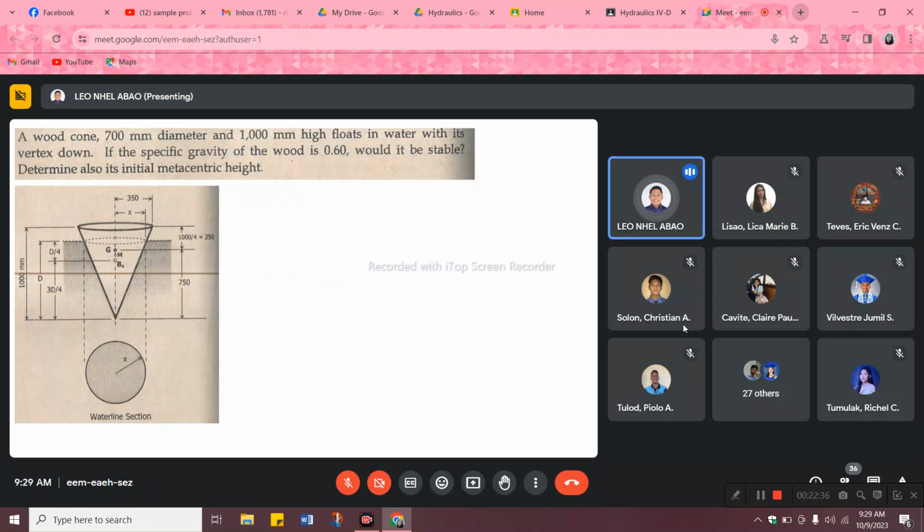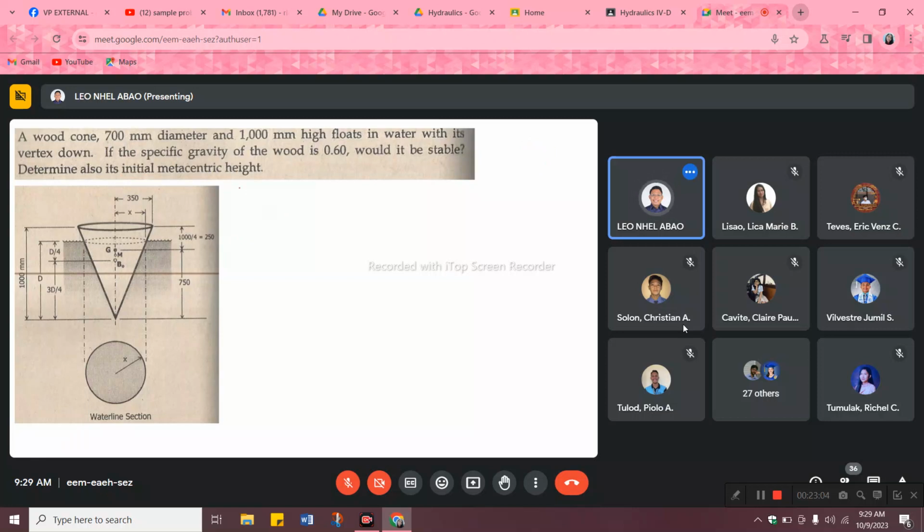If the specific gravity of the wood is 0.6, is it stable? And lastly, we are to find its initial metacentric height. Class, when you see the term initial, like initial metacentric height, it means before it is tilted, the upright position.